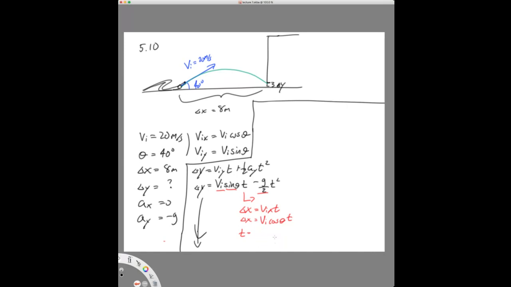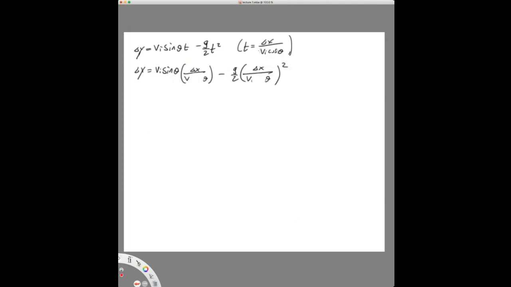It should have been, wait, it should have been what, sorry. So when I divide both sides by vi cosine of theta, we have delta x over vi cosine of theta. So delta x over vi cosine of theta is what I have here.